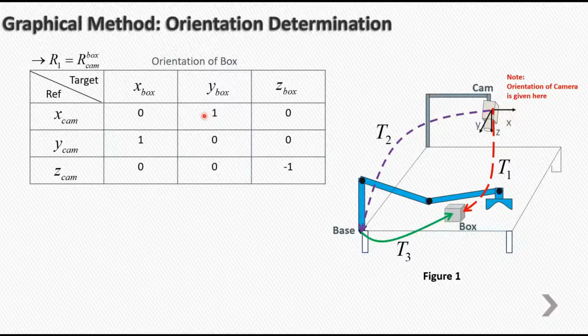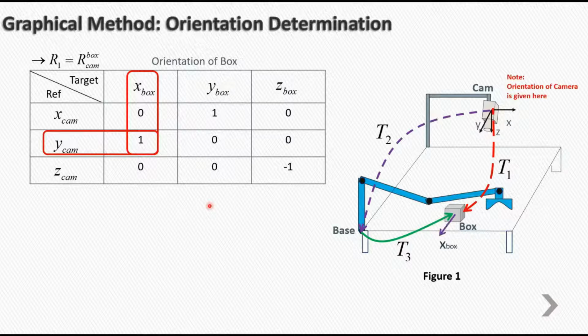In this case we have a relation between x box and y cam, and between y box and x cam, and here we have z box to z cam. First we determine x box to y cam. The x box to y cam entry is positive.